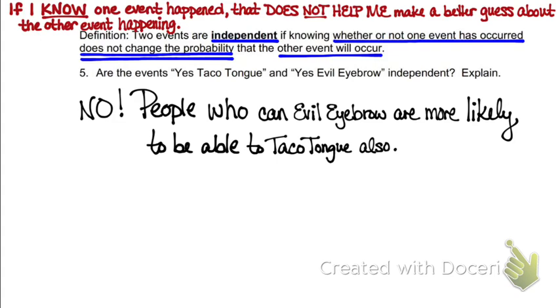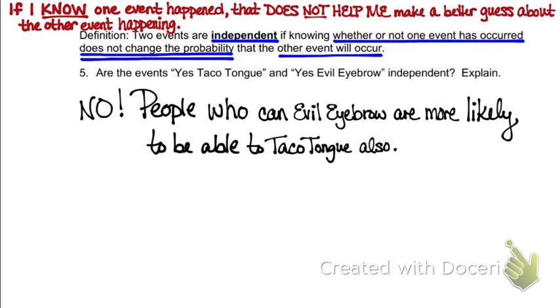Does that mean that people that can't evil eyebrow can't taco tongue? Just means there's not as great of a chance. It's still more than half of the people that could do the taco tongue, right? Still almost 67%. But if I know you can evil eyebrow, I'm like, I bet you can also taco tongue.